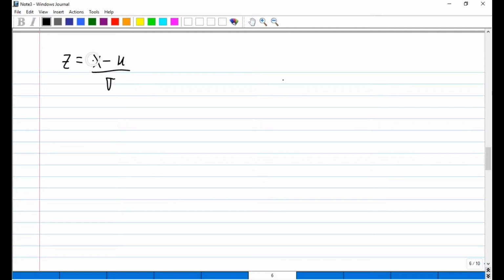Now, if we want to find the x value, I would have to take this formula and solve for x. You can cross multiply if you put z over 1, and you'd have z times sigma equals 1 times x minus mu.